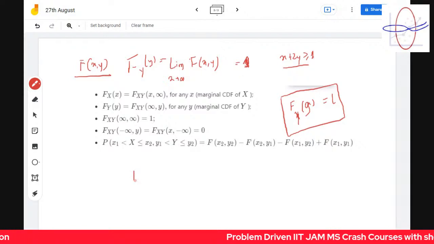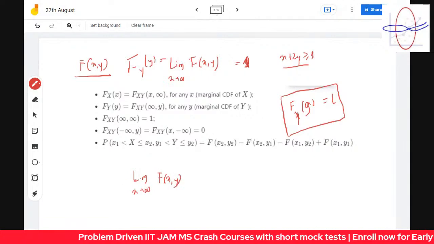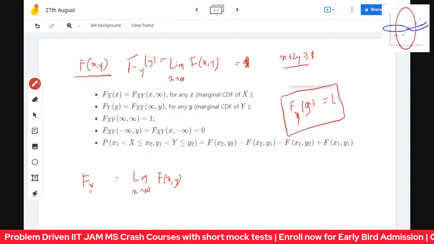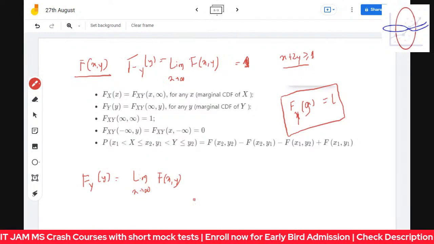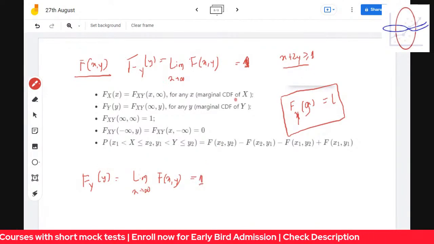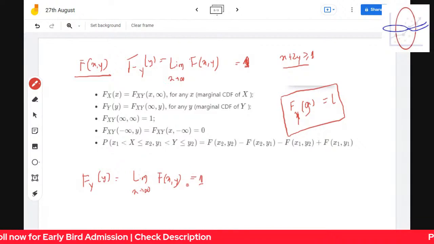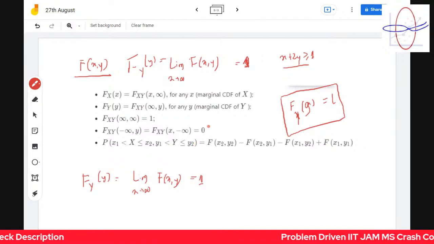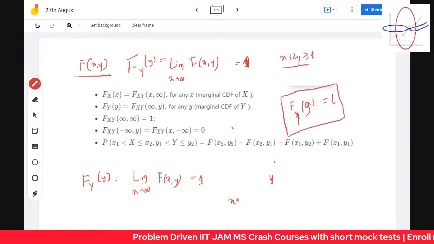So first we take the limit as x tends to infinity of F of x comma y, and we get the marginal CDF of y. It's equal to 1 for all y, because even if you fix y, there exists an x which makes it larger than 1.